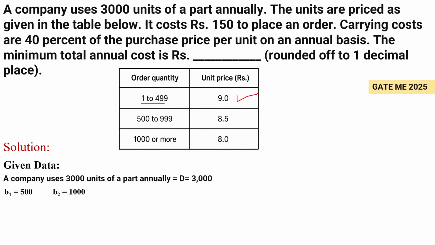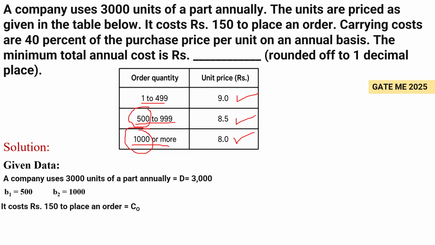For quantity 500 to 999, the unit price is 8.5 rupees. And for quantity 1000 or more, the unit cost is 8 rupees. Observe that there are two price breaks, one at 500 quantity and another at 1000 quantity. So let's consider B1 equals 500, B2 equals 1000.